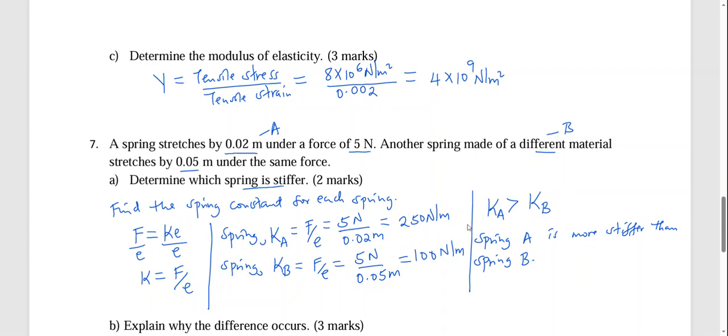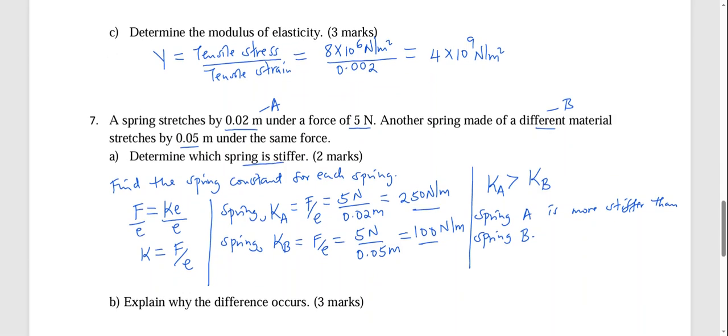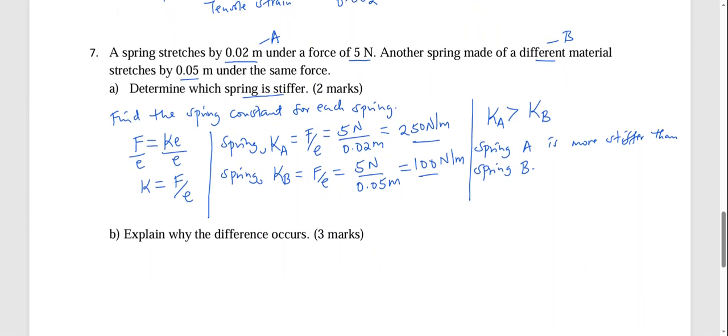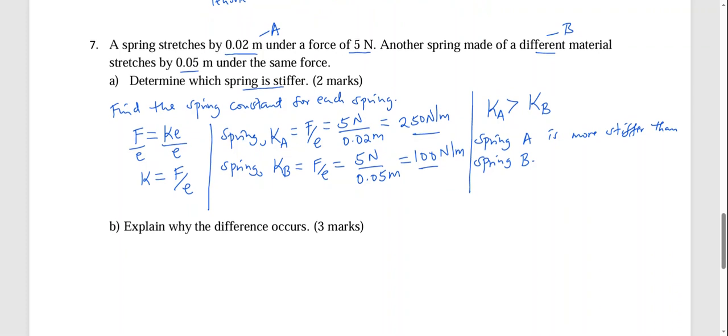As you can see, the spring constant for A is 250 Newton per meter, and for B it is 100 Newton per meter. Therefore, spring A is stiffer. It requires a lot of force for it to stretch, therefore making it stiffer.